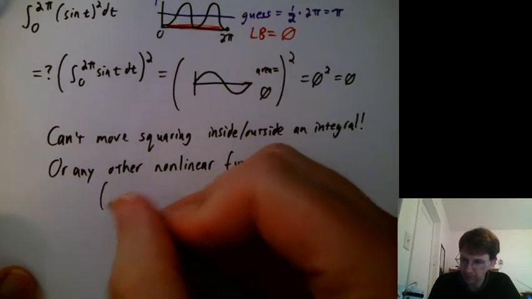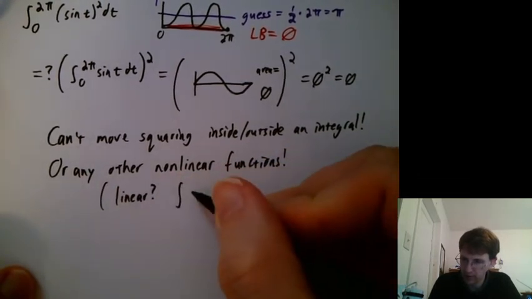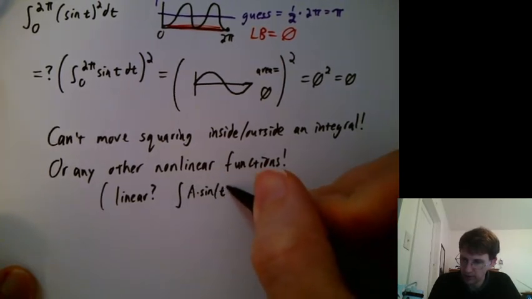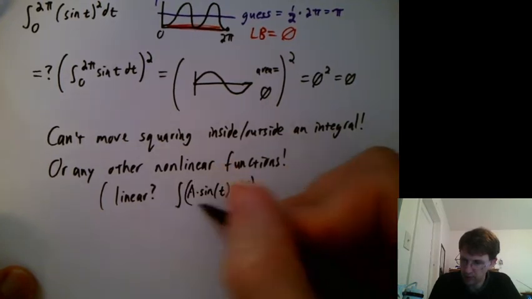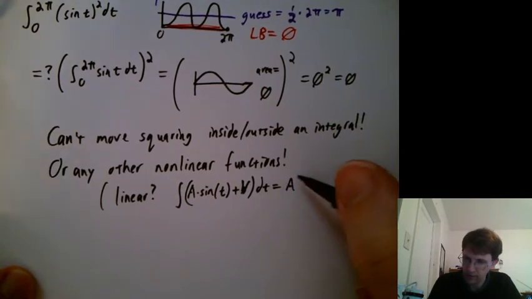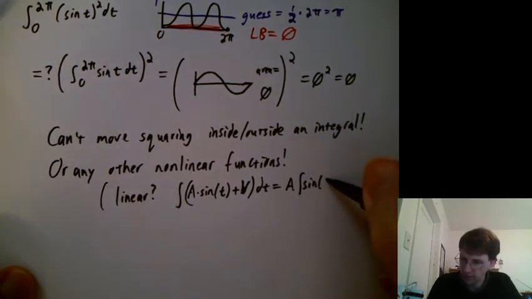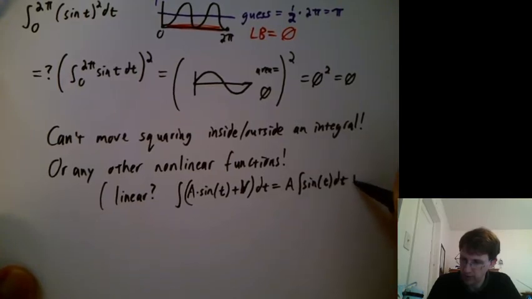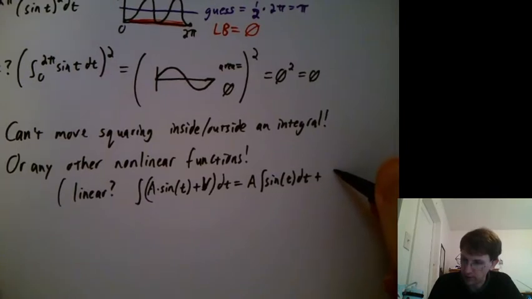So let's ask. If you had the integral of like a times sine t plus some vertical shift, well, you can move the a out because that's a constant multiplier. You take the integral of sine t dt, but then you wouldn't just say plus v, you'd have to say plus the integral of v dt.